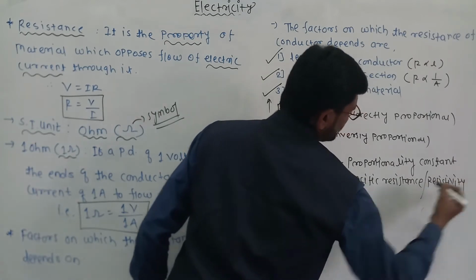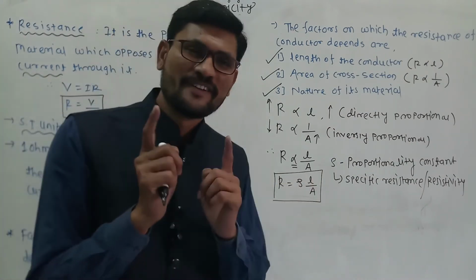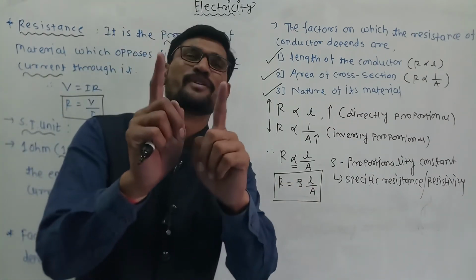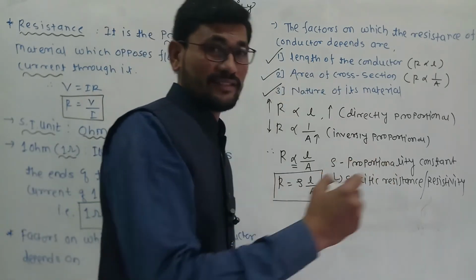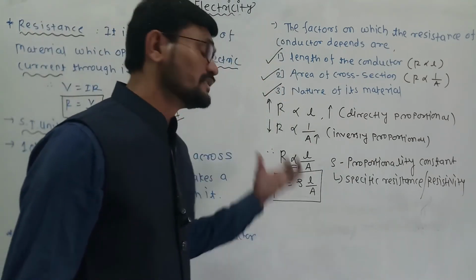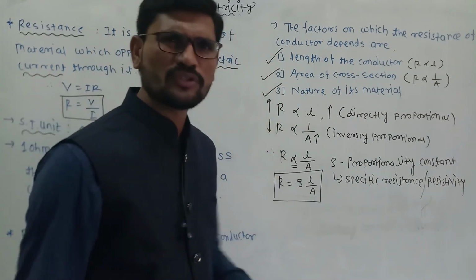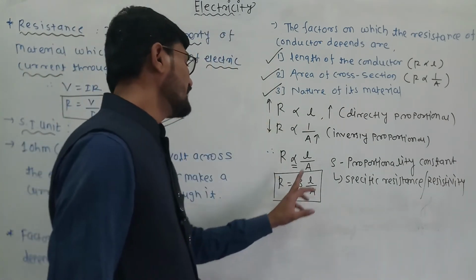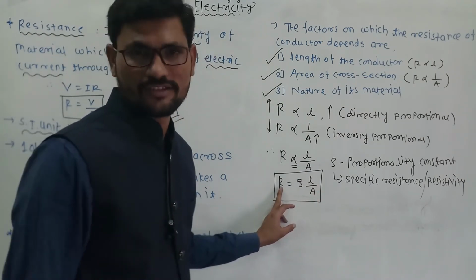Dear student, this rho does not depend upon the length and area, but it depends upon the nature of the material. What type of material you are taking in a circuit to calculate the resistance, it depends upon that only. It only depends upon the type of material, not the length, nor the area, nor the resistance.